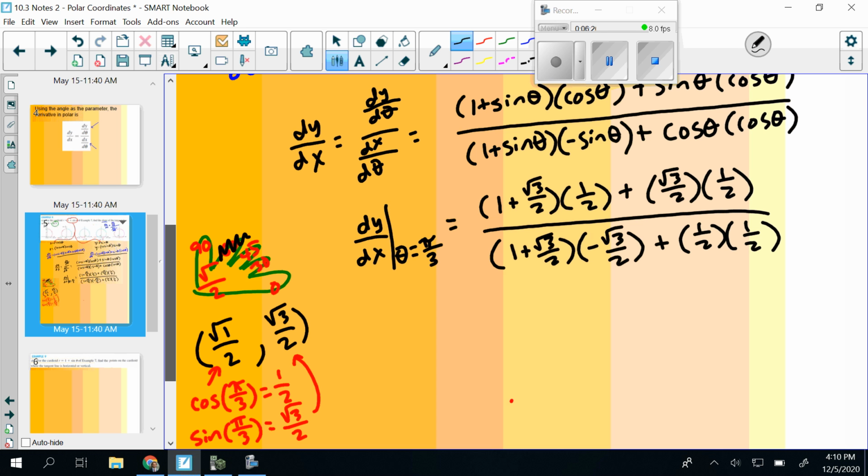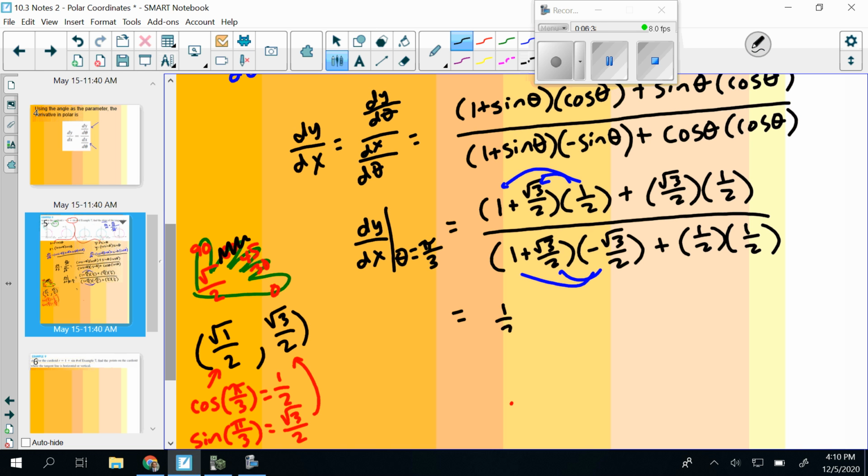So now let's see if we can simplify all this down and see what we get. It looks like here we're going to have to distribute. Same thing here, we're going to have to distribute. So we get 1/2 plus square root 3 over 4 plus square root 3 over 4.